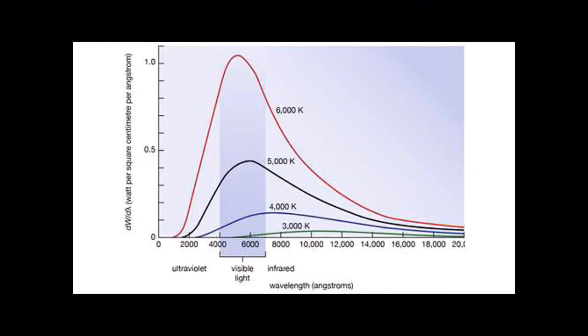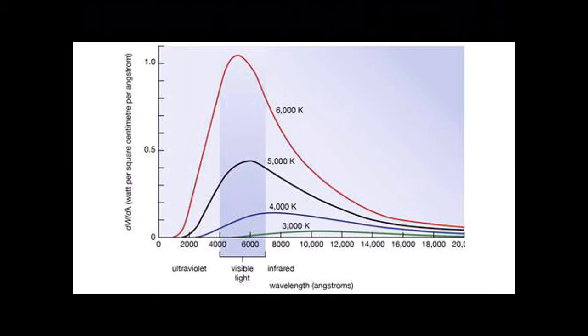So you can see that as the temperature increases, so I've got 3000 Kelvin down the bottom and 6000 Kelvin up the top in red, the intensity or spectral power density increases. So the peak for 6000 Kelvin is much higher and incidentally earlier than the peak for the object at 3000 Kelvin.